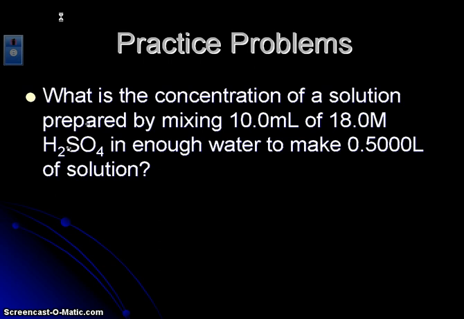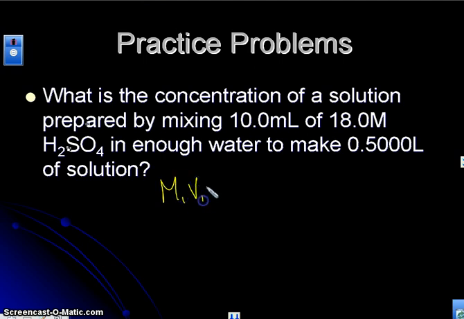So the big question is now how we pair things up. We want to consider which molarity and volume go together, because we know that the equation we're going to use, M1 V1 equals M2 V2, is on your reference table, remember.